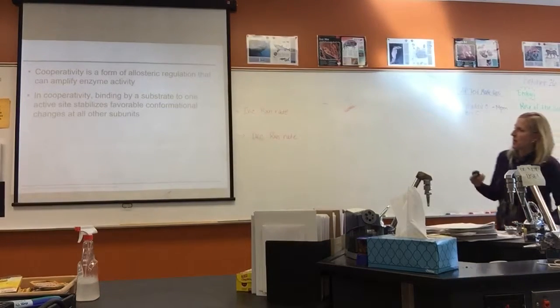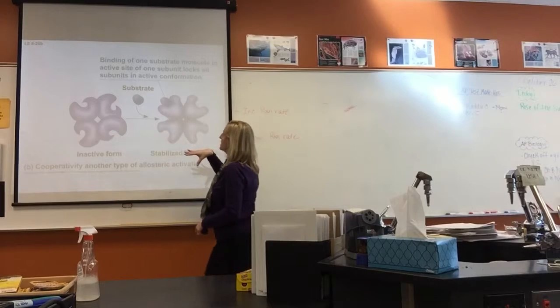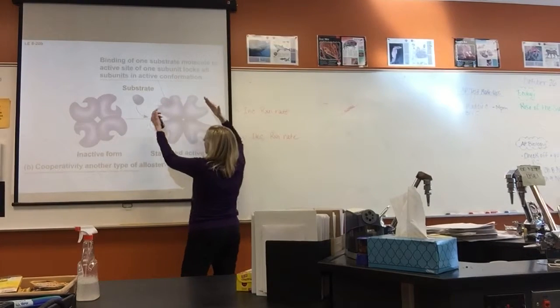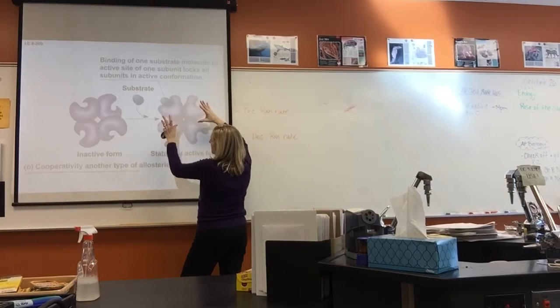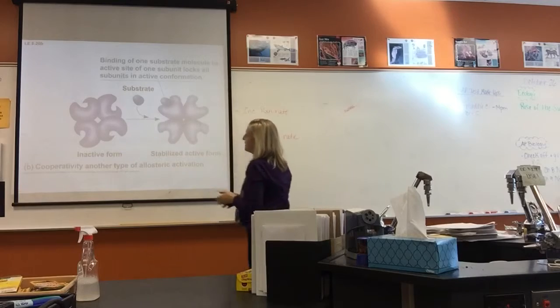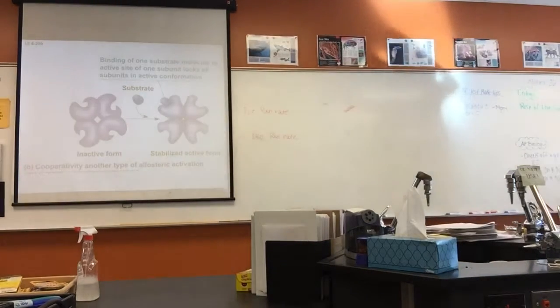And that's also helpful as well. If a substrate binds to an active site, it keeps the enzyme in the active form, which means that other substrates can bind to it. So they're cooperating together. One binds to it and says, hey, I've got it stabilized for the rest of us, and it keeps it stabilized, and that's called cooperativity.